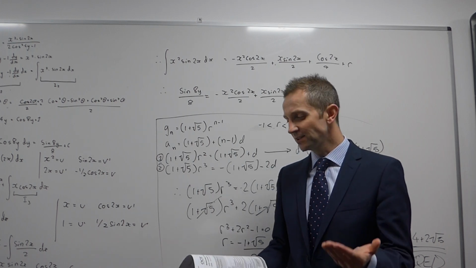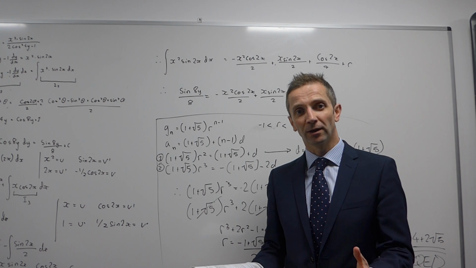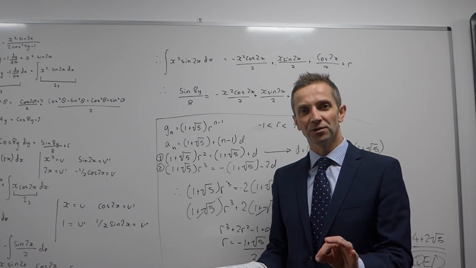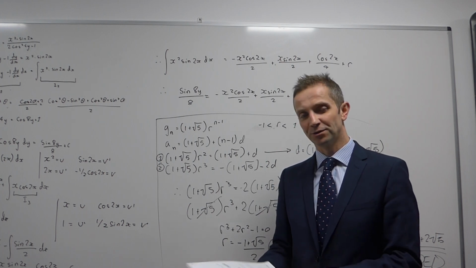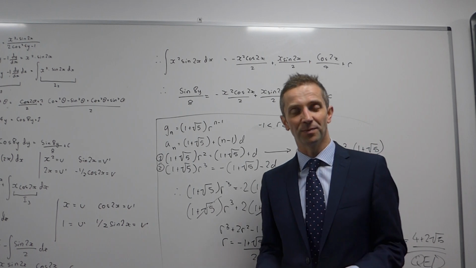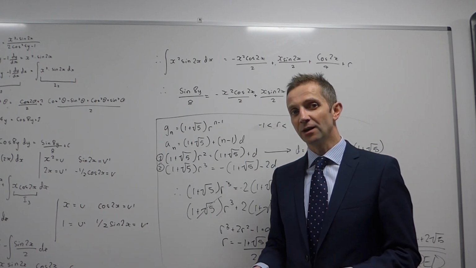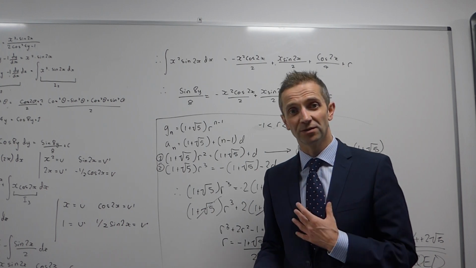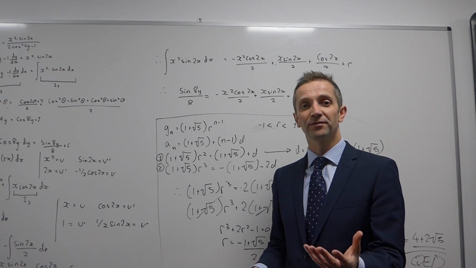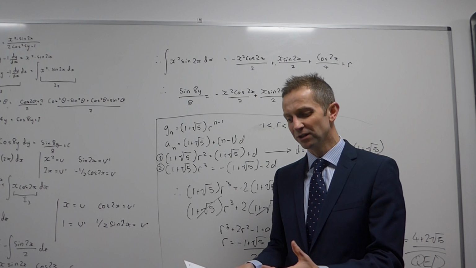But what is the best method to complete the exam paper with regard to filling it in, writing your answers, drawing diagrams, etc.? Now, I have marked hundreds, probably thousands of these papers in the last 20 years or so, and I'm very familiar with the way in which they are presented to the examiner, and therefore hopefully I'll be able to pass on a little bit of guidance and help with regard to the successful completion of these.